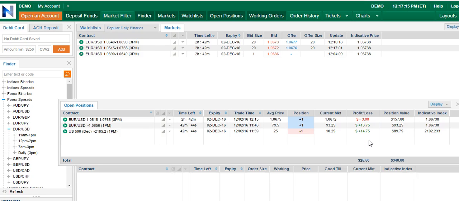The other thing is in binary options, if you win the trade by 60 pips, it doesn't matter if you won by 60 pips or 1 pip, your payout is going to be the exact same. In spreads, if you won the trade by 6 pips, you're only going to make $6. But if you won it by 60 pips, you're going to make $60 times however many contracts. So the easiest way that I describe it is spreads at Nadex is a lot like trading the regular Forex market with a Forex broker and so forth.